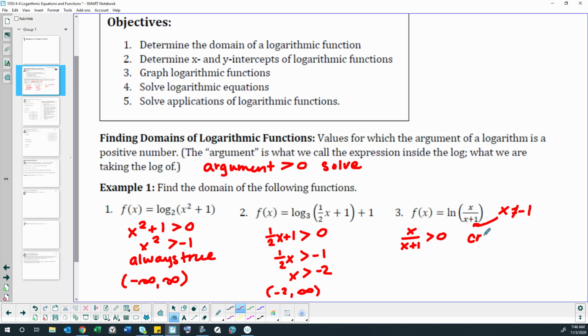So our critical values are negative 1 and 0, which means we do intervals from negative infinity to negative 1, negative 1 to 0, and 0 to infinity. We need to actually test them to see what works and what doesn't.